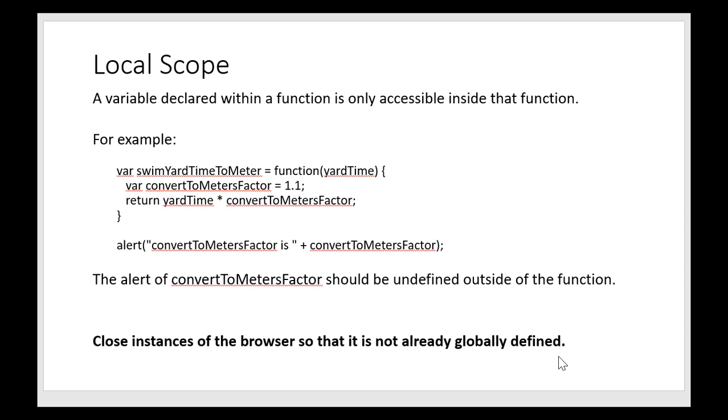The great thing about local scope variables is you don't have to worry about conflicts of names. Let's say you had a variable named sum.